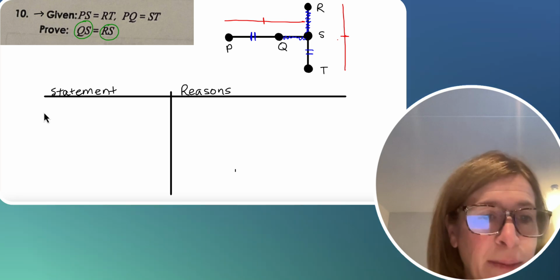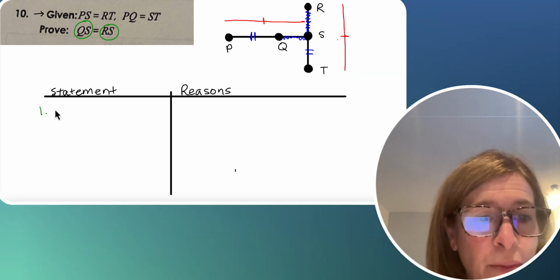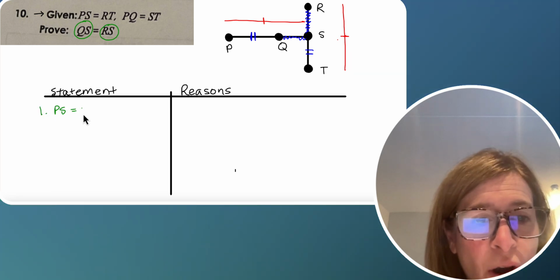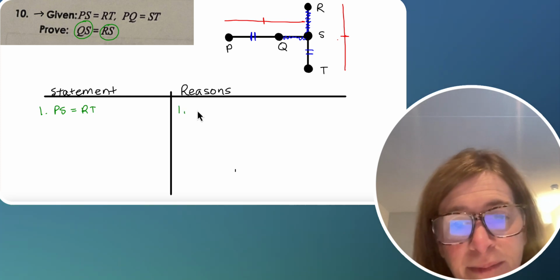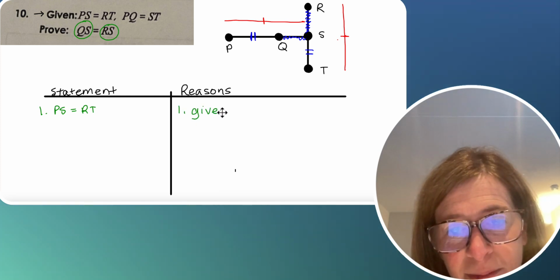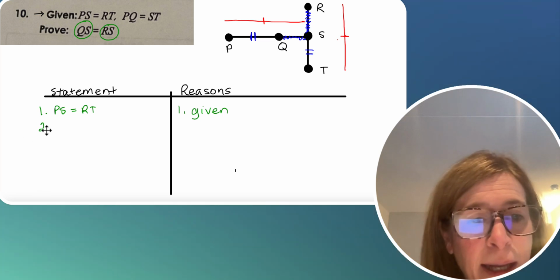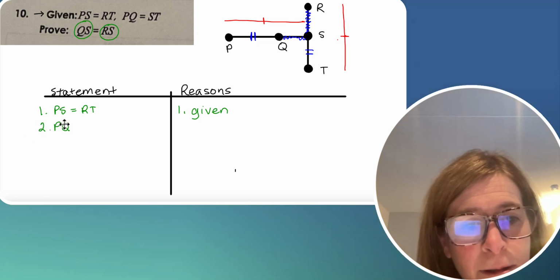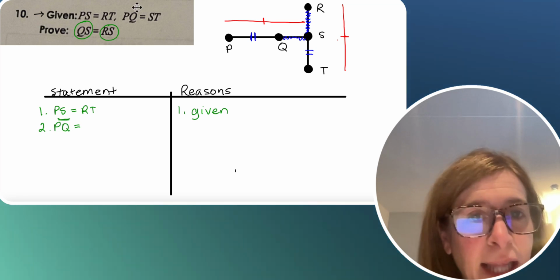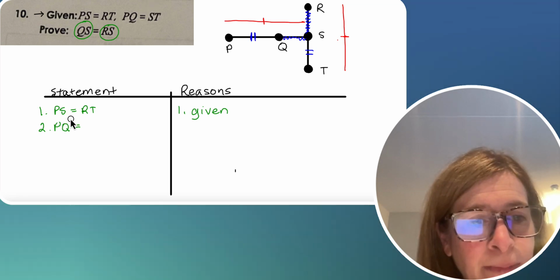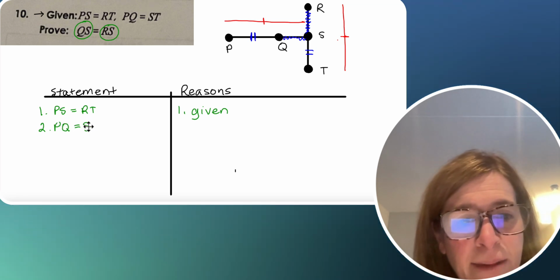So first I'm going to get my given. PS equals RT, and that's given. And I'm going to state that PQ equals ST. Oops, it's not a segment, sorry, it's just the length. The lengths are equal.